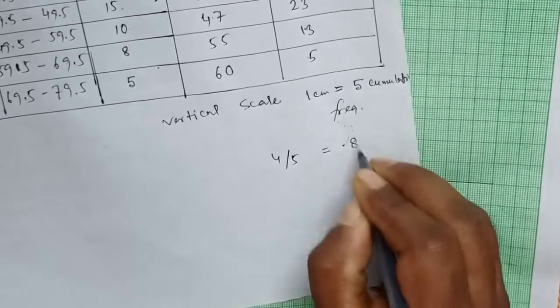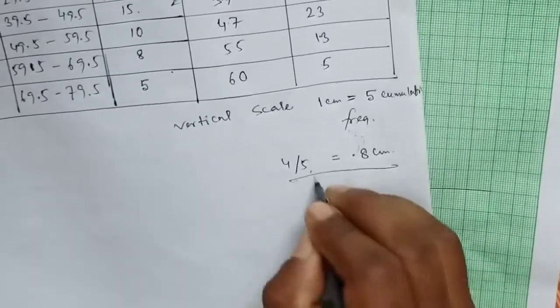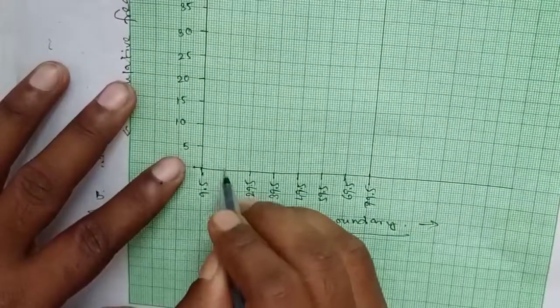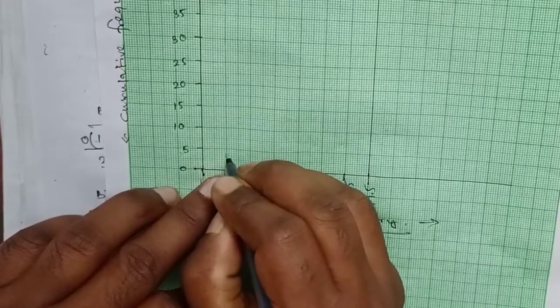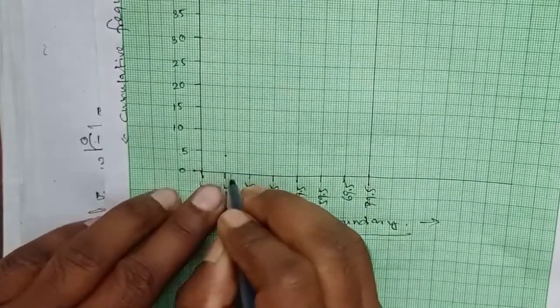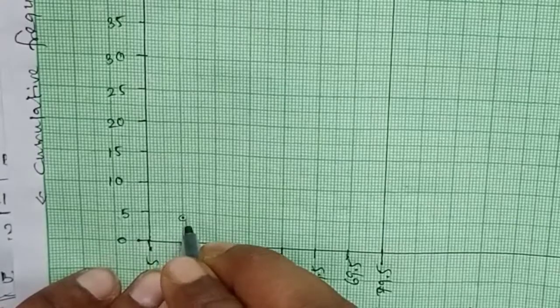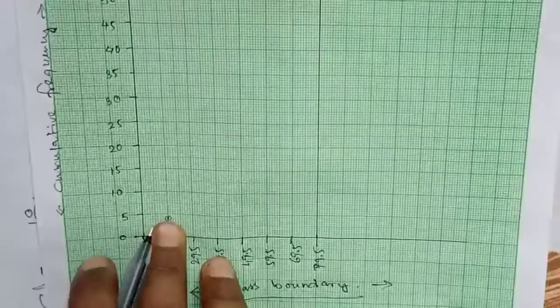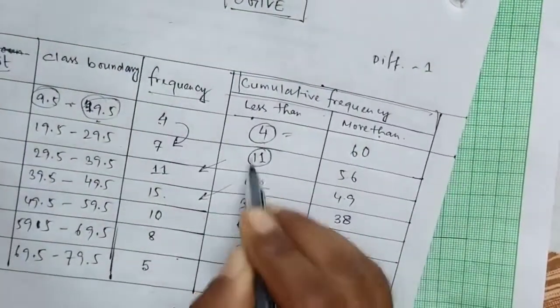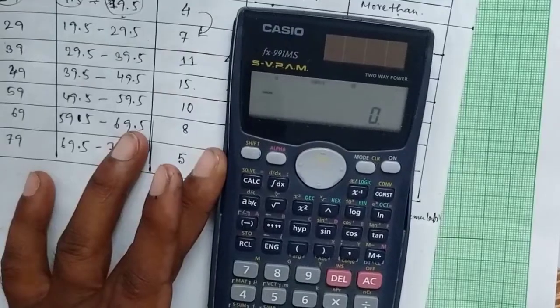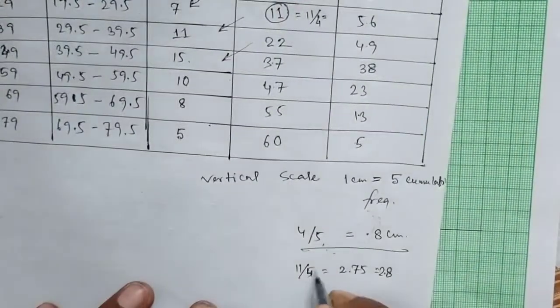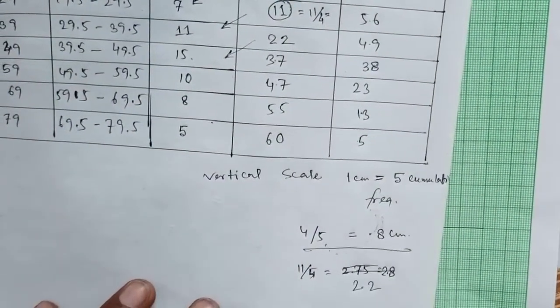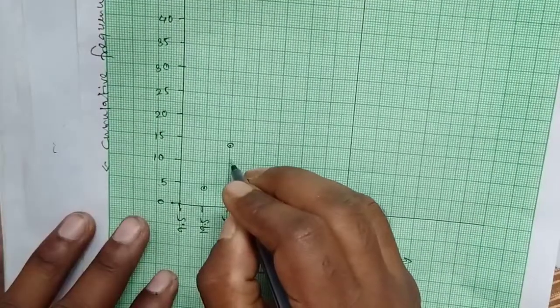So 4 by 5 according to scale, so 0.8, 0.8 for the first one. Second one 11, 11 by 5 is equal to 2.2. So it's 2.2, not 2.75, 2.2.